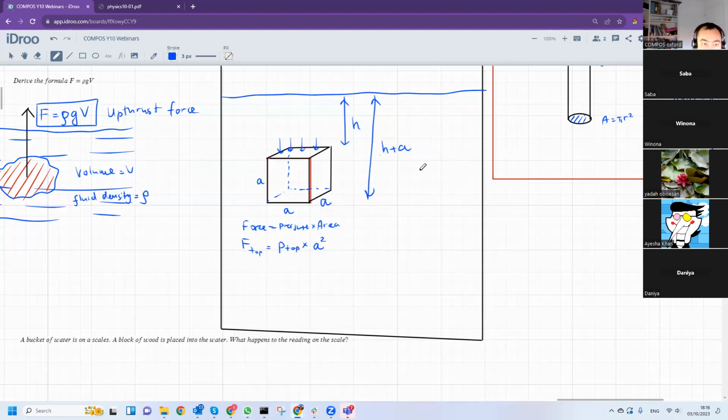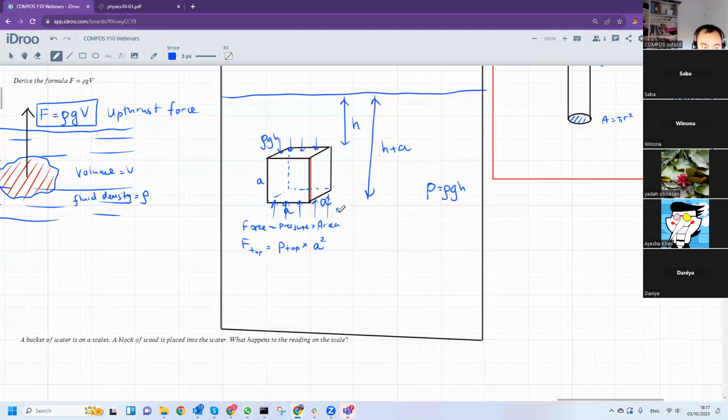And we know that the pressure is equal to the density of the liquid times g times h, rho gh. So here the pressure is rho gh. On the bottom, the pressure is different because the h is different.